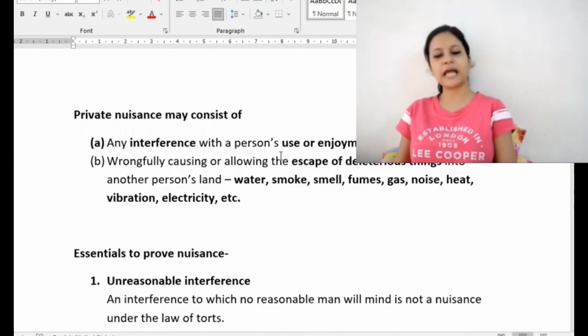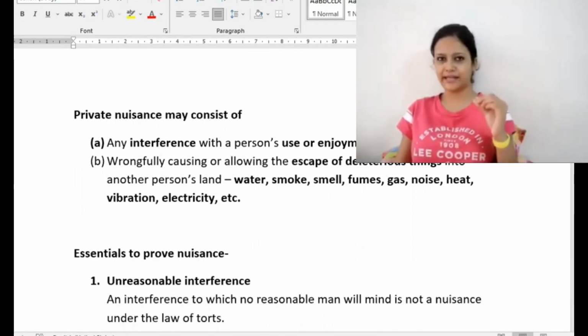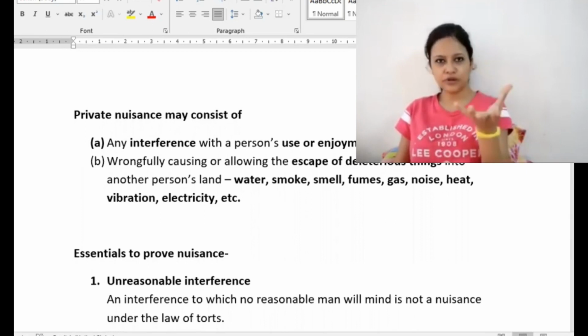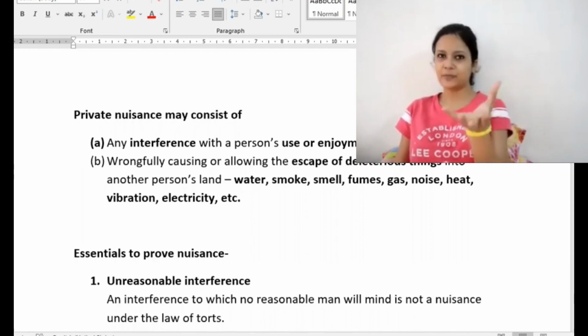Okay, so what is private nuisance then? Private nuisance may consist of two things. First of all, interference with a person's use or enjoyment of the land. I was the owner of this plot of land. I had a right to use or enjoy this plot of land.